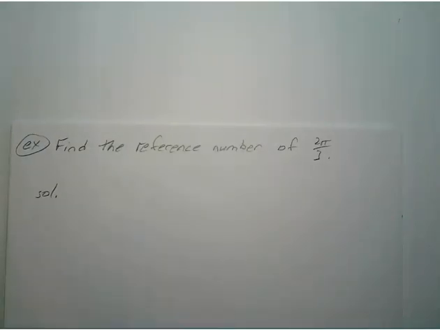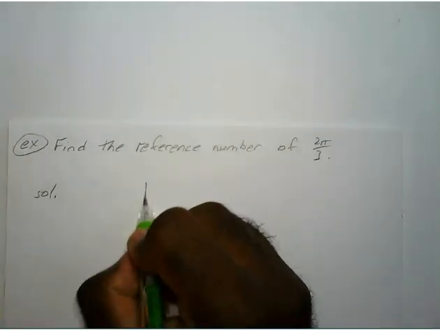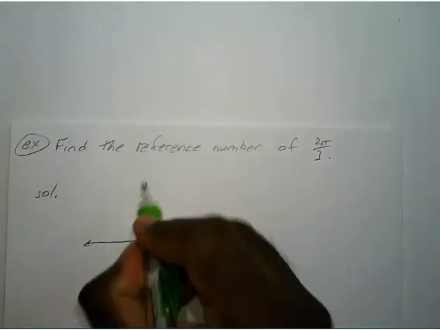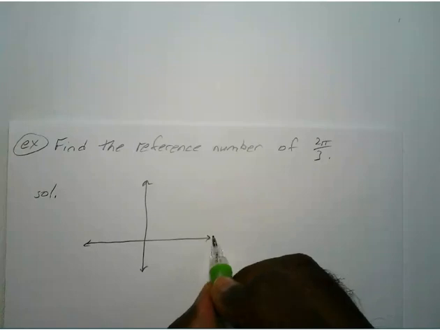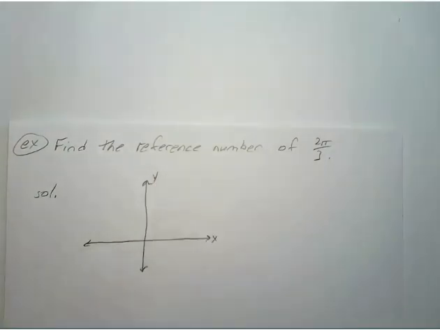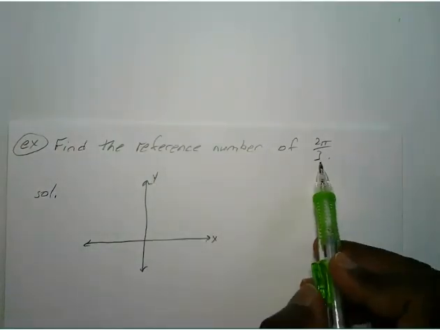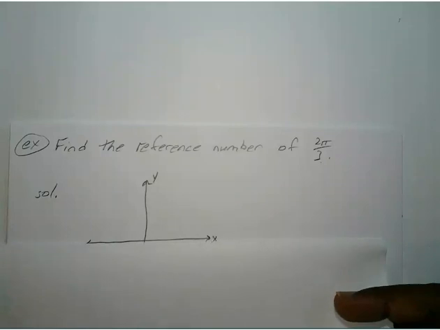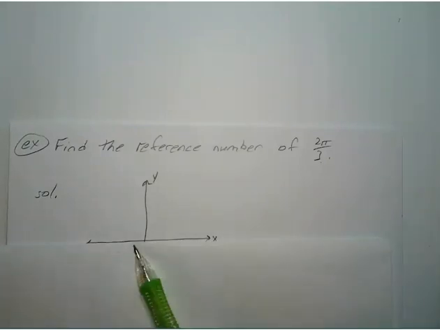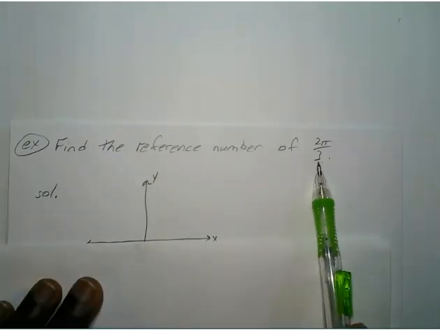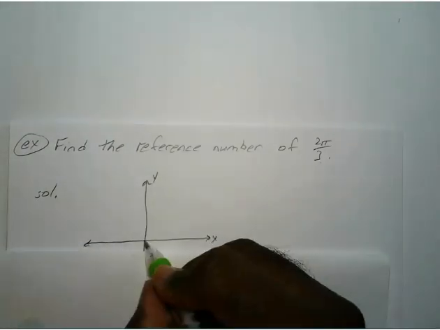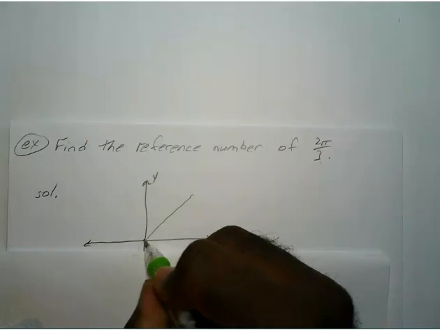All right, so what we're going to do is give you a visual. Okay, so we'll go ahead and draw our x-axis. We have our x and we have our y. Remember, your denominator will tell you how many sections the portion above the x-axis is going to be cut into. So we can see the portion up here is going to be cut into 3 sections. Let's say 1.